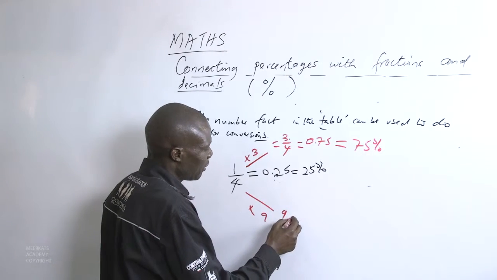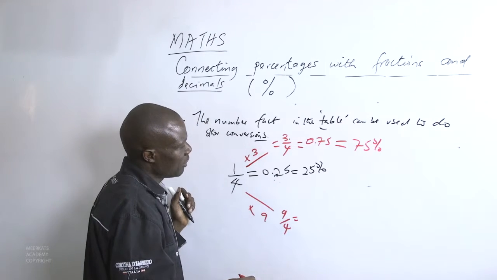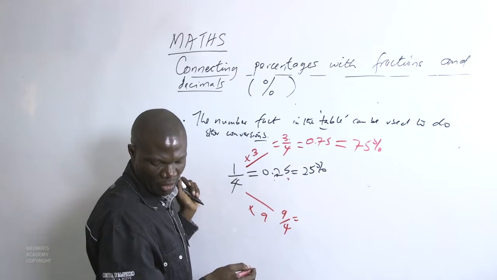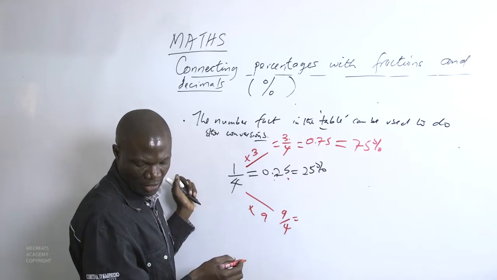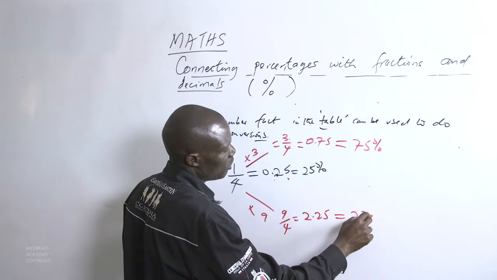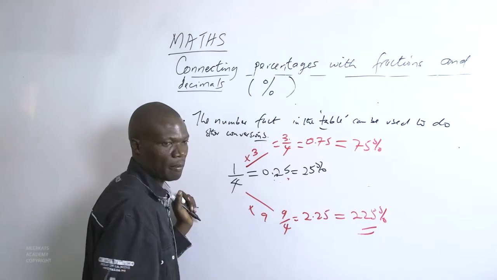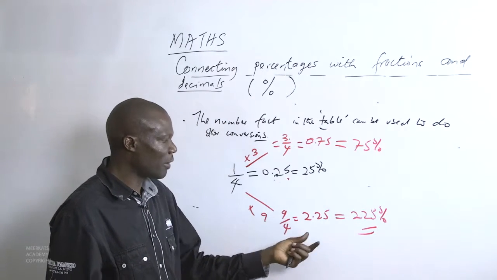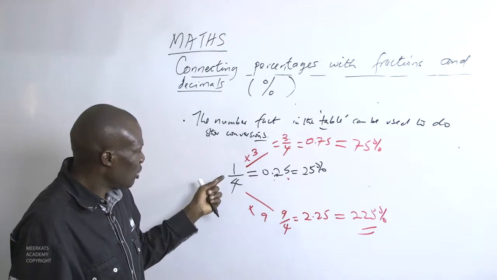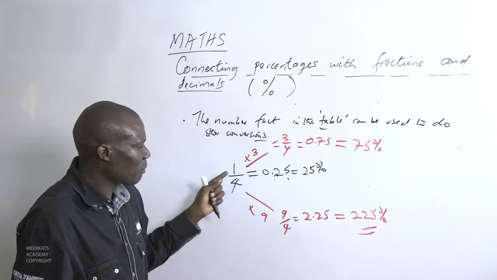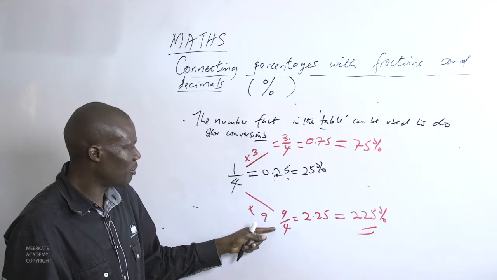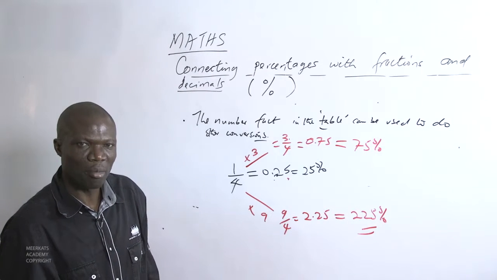So when you want to change into this, you'll multiply this one here by 9. And when you multiply by 9, you'll find that you are getting 2.25, which is the same as 225%. So using just 1 over 4, we have been able to find 9 over 4 in terms of percentage.